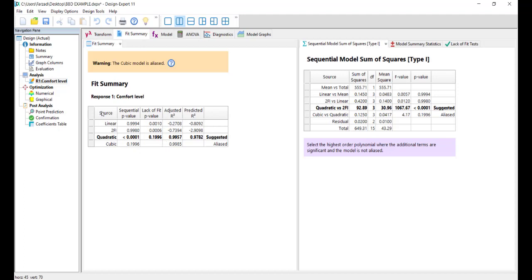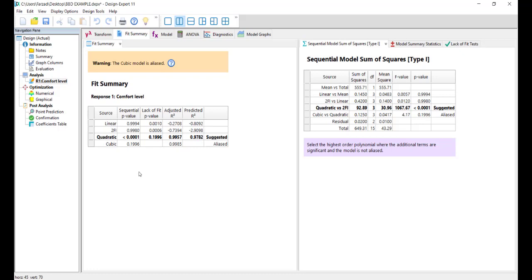You can see here the software will check different types of models: linear, two-factor interaction, quadratic, and cubic.